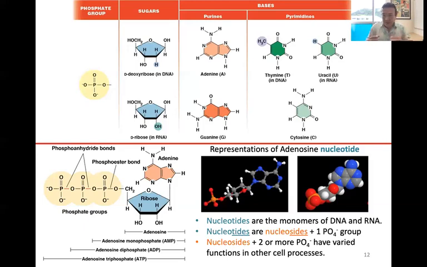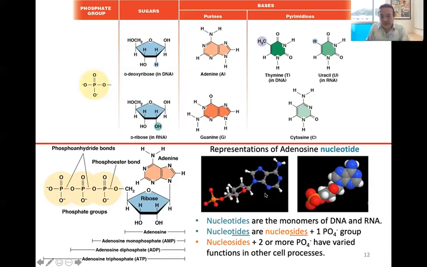So here you have an example of a nucleotide, adenosine monophosphate, that's used as a building block of DNA or RNA. But if you add a couple extra phosphate groups onto it, it no longer works as a building block for nucleic acid. It has another important function in the cell, which we will study later, and that is serving as an energy molecule, ATP.